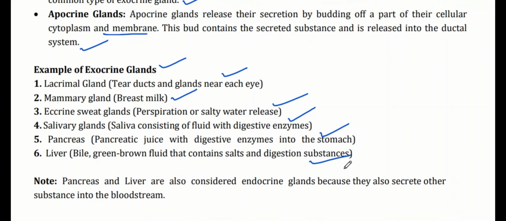Note here, pancreas and liver are also considered endocrine glands because they also secrete other substances into the bloodstream.